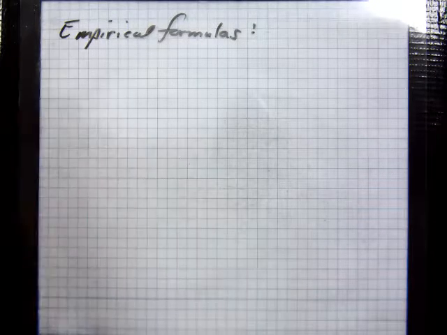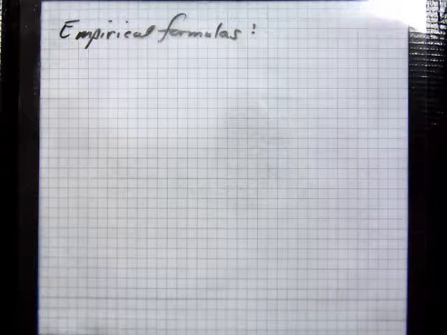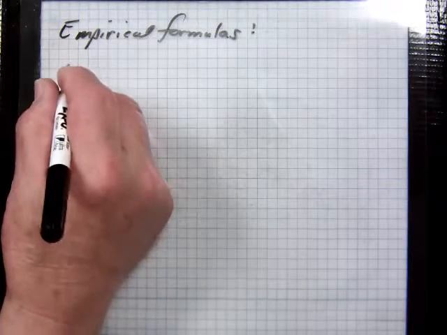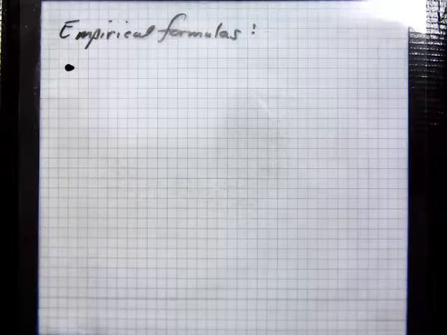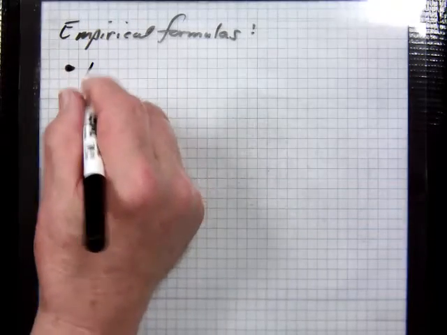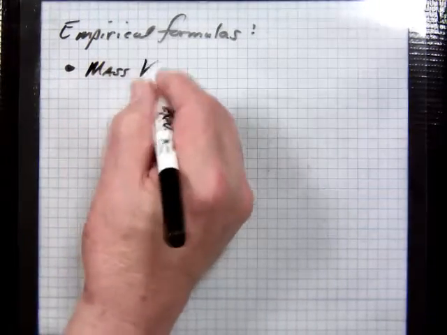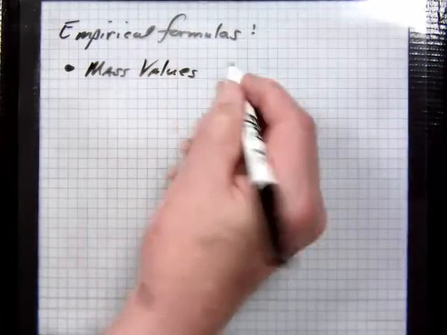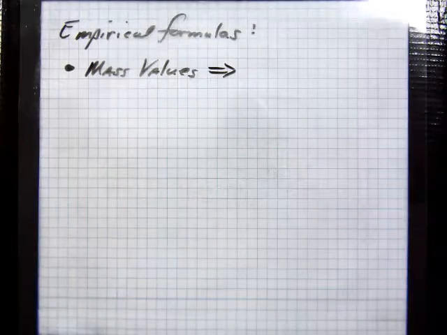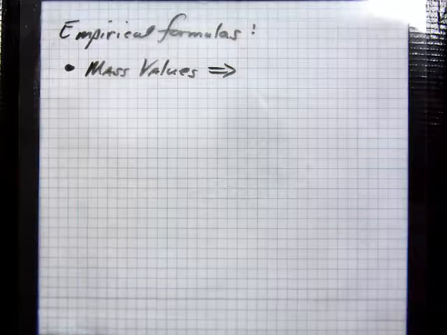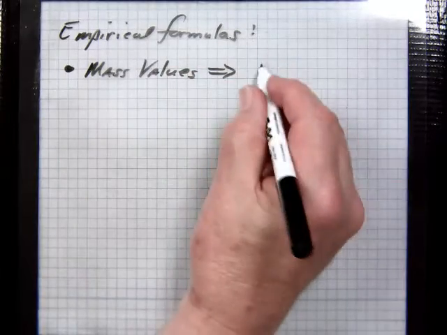And problems here will come to you in one of two ways. One, they'll give you some mass values, and from mass values, I'm going to give you an example here in a minute, you are to get the empirical formula.